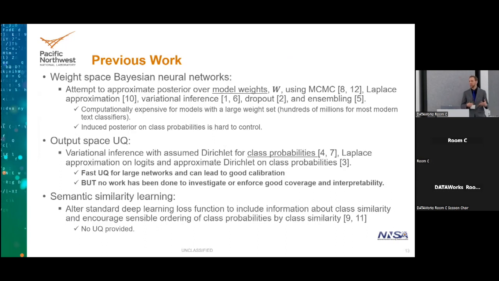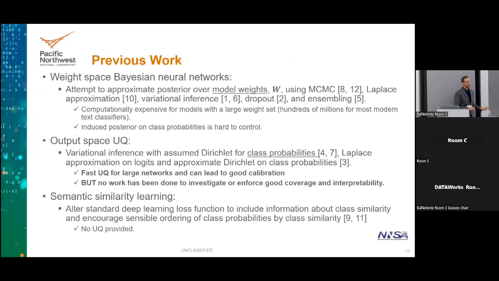While it sounds like a lot of fun to put distributions on every parameter in a full model, if you're working with large language models that have hundreds of millions, even hundreds of billions of parameters, that might not be very practical. And so instead we focused on the output space and tried to assign uncertainty to that portion of the model.